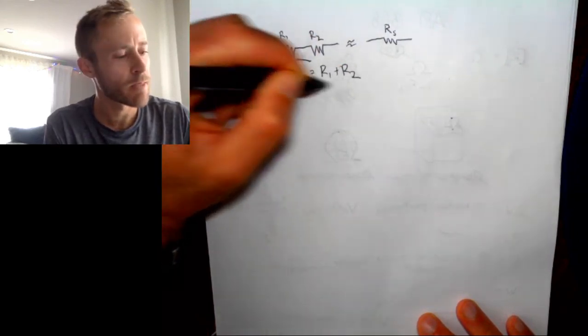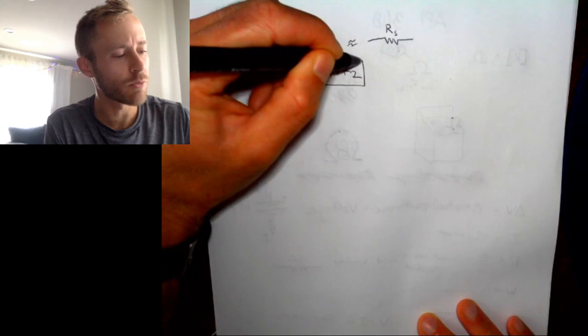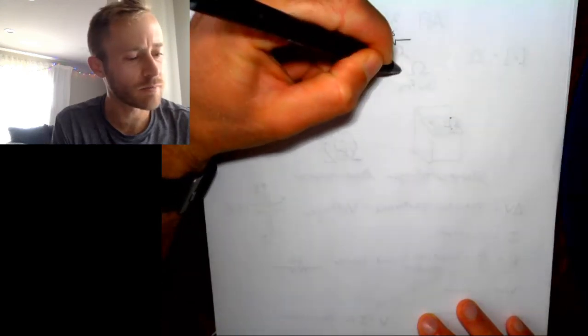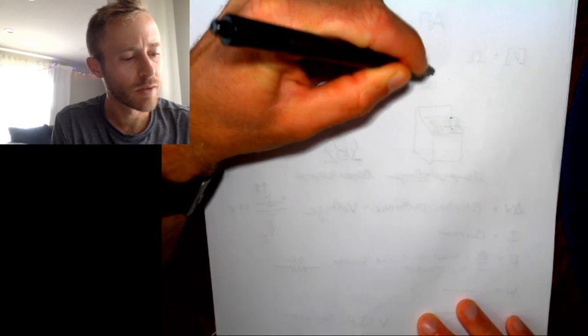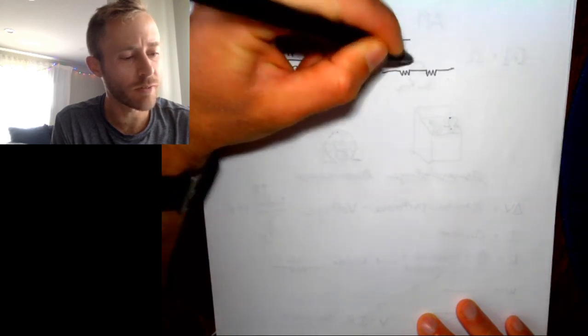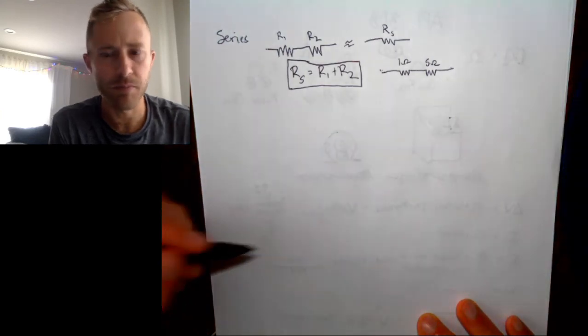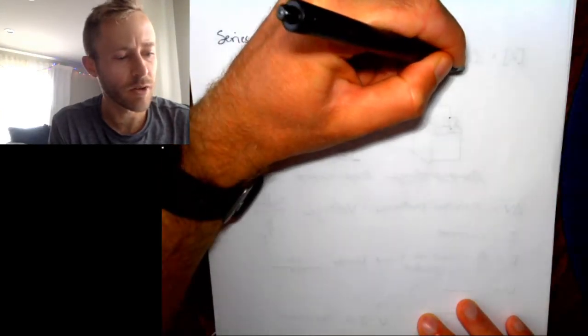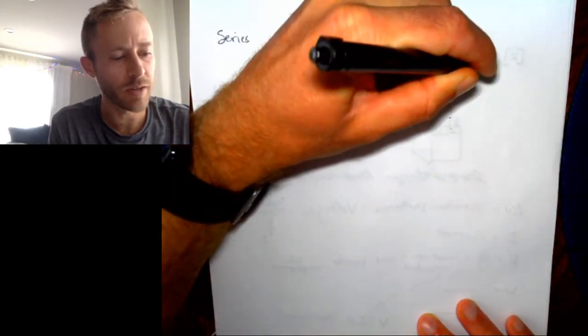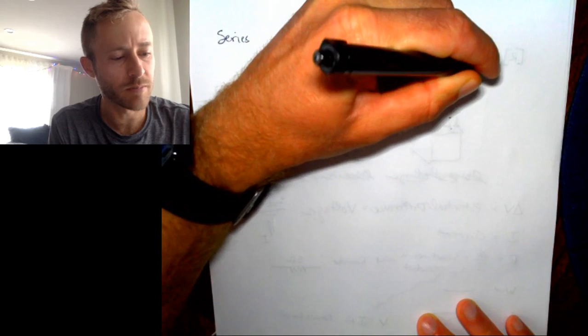Okay, so for example, if you have a 1 ohm resistor and a 5 ohm resistor in series, they are equivalent to a 6 ohm resistor. Okay.